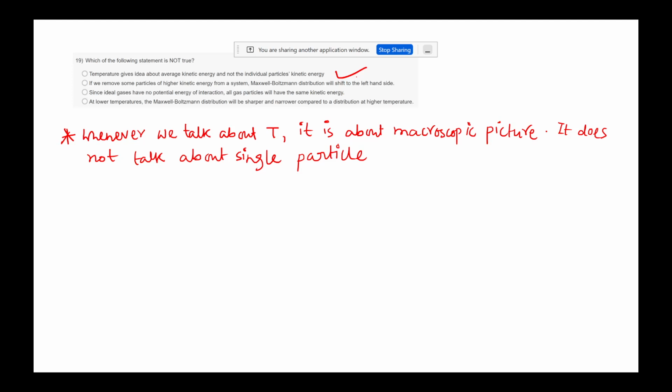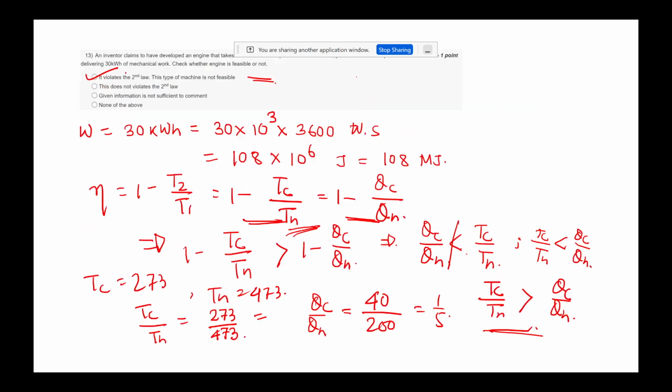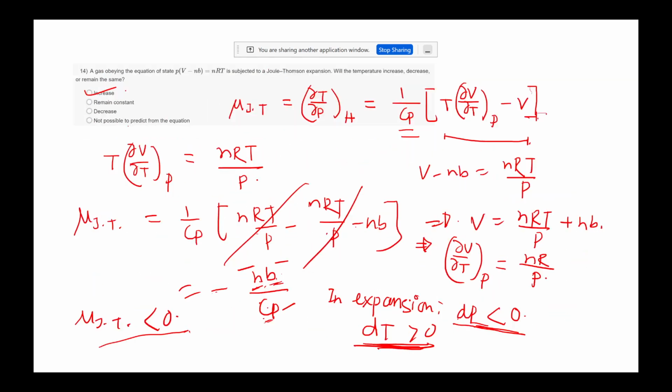If we remove some particles of higher kinetic energy from a system, the Maxwell-Boltzmann distribution will shift to the left hand side. So we have seen this graph, right, Sachin? This graph shifts to left if temperature decreases. Temperature decreases means lesser kinetic energy. So this is also true, right?